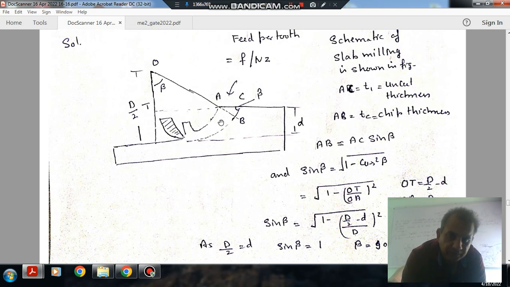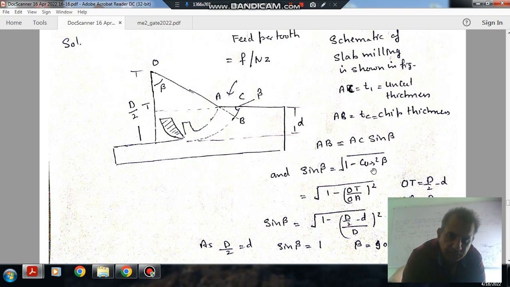So from the diagram, this angle will be beta, this will be 90 minus beta, and this will be beta, because this is 90. So AB will be equal to AC sin beta.